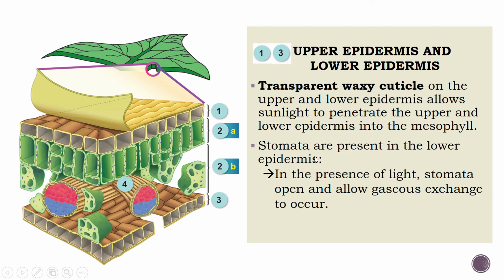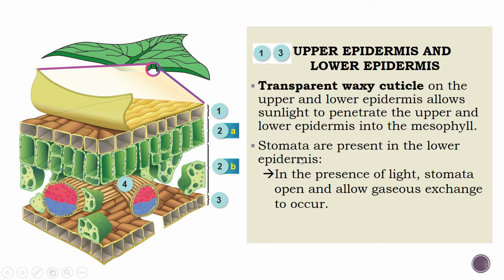So mainly kebanyakannya berada di bahagian bawah. Do you still remember the reason? Because to prevent excessive water loss to the surrounding. Kalau berada di bahagian atas, nanti dia akan expose secara direct to the sunlight, and therefore this will cause the plants to lose water excessively.